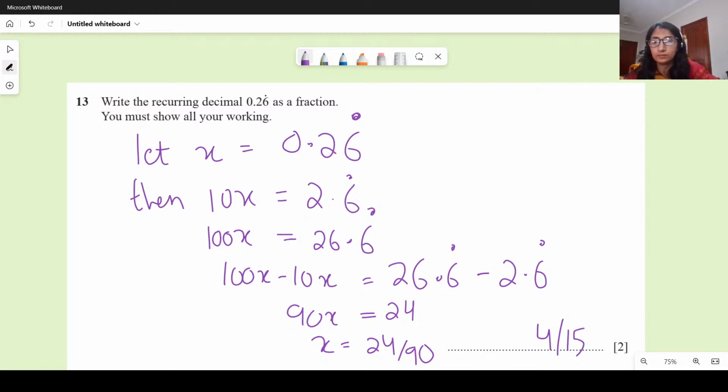And if I press SD, I am getting the same value, 0.26666. So my working is correct. Okay, next question.